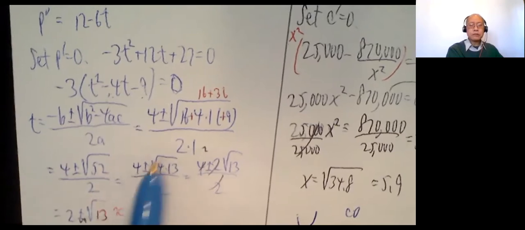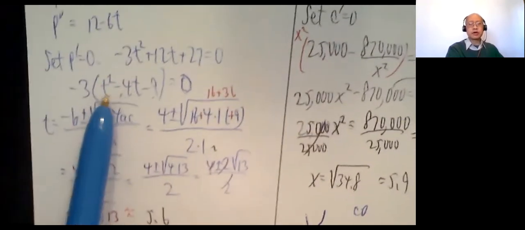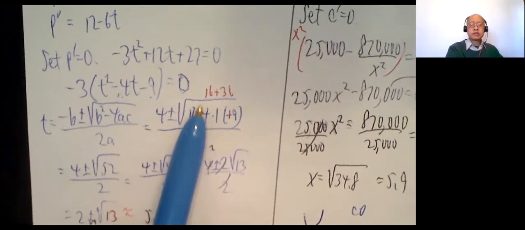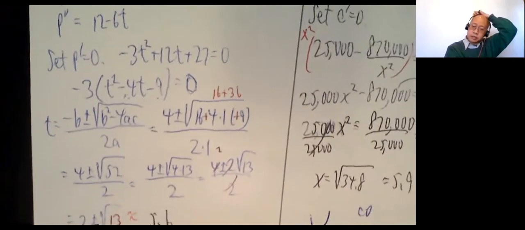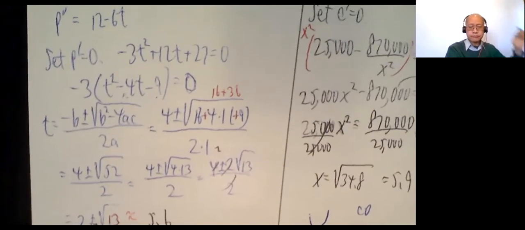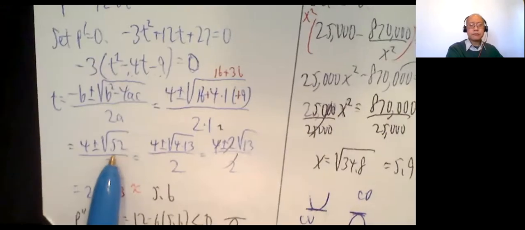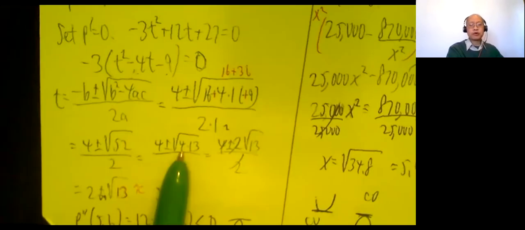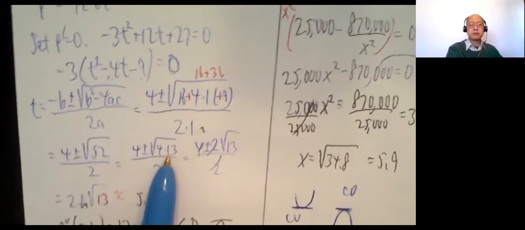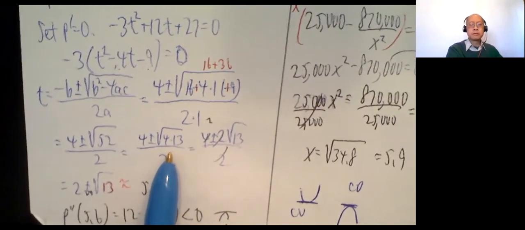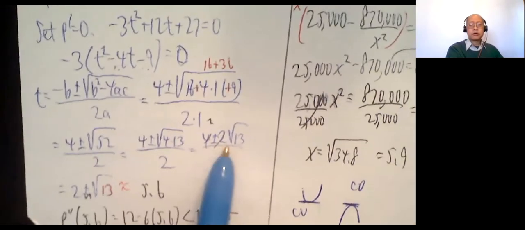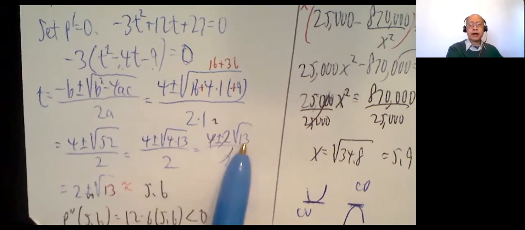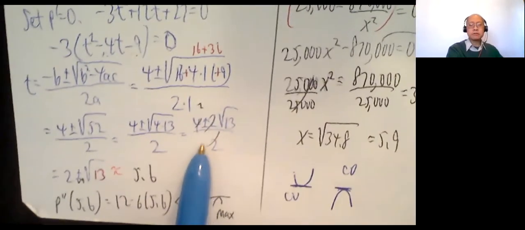All over 2A, 2 times 1. So this becomes 16 plus 36, which is 52. 52 happens to be 4 times 13. Take out the 4. So 4 plus or minus 2 radical 13 divided by 2.